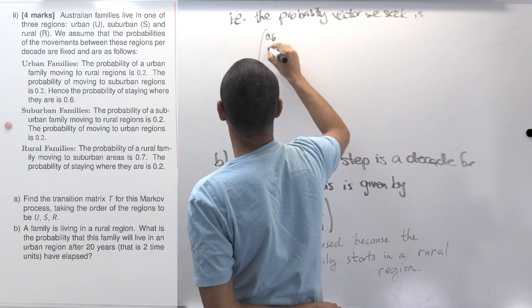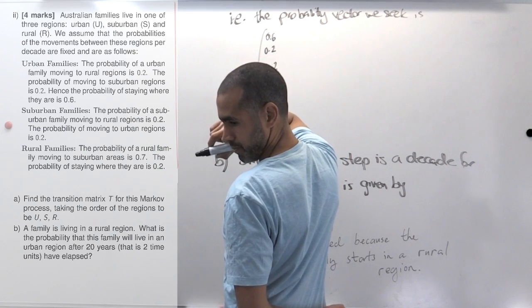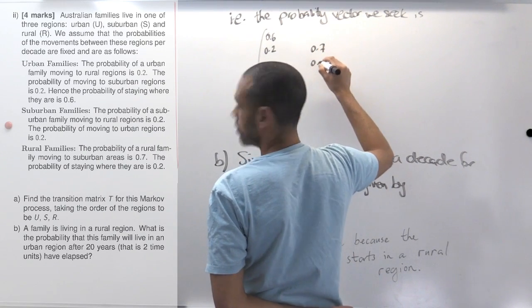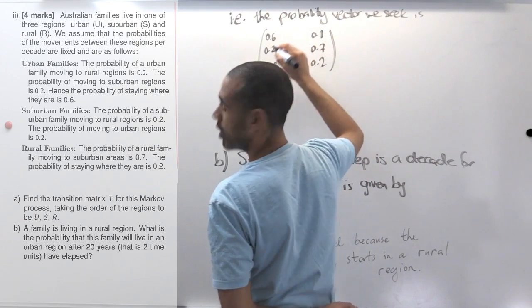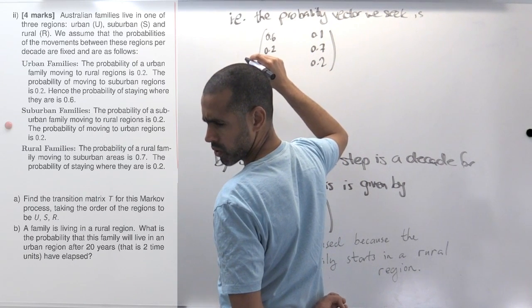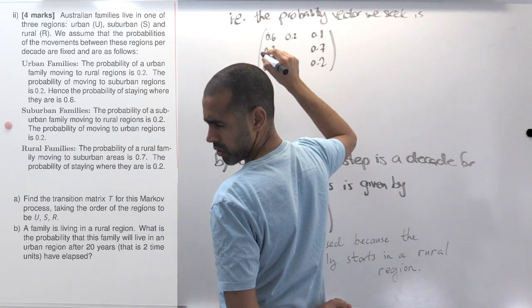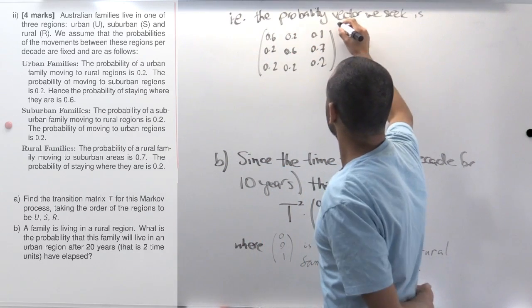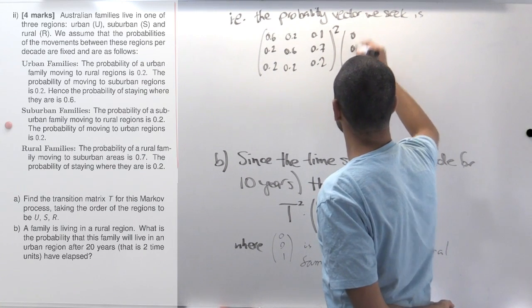The matrix 0.6, 0.2, 0.2; 0.7, 0.2, 0.1; 0.2, 0.2 and 0.6. Is this right? Yep, that's right. Squared times 0, 0, 1.